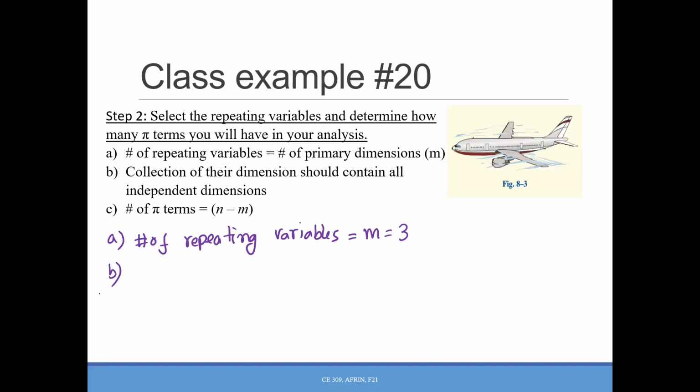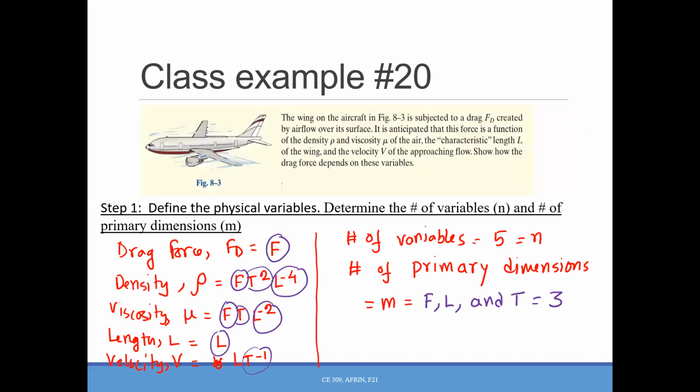Now for B, the collection of the dimensions should contain all the independent dimensions. Here we have 5 physical variables. Among these 5, we need to choose 3 repeating variables so that the collection of primary dimensions will contain F, L, and T. Since the question is asking for the drag force as a function of all of these, let's keep F out of the repeating variables, because that will be like F equals something.